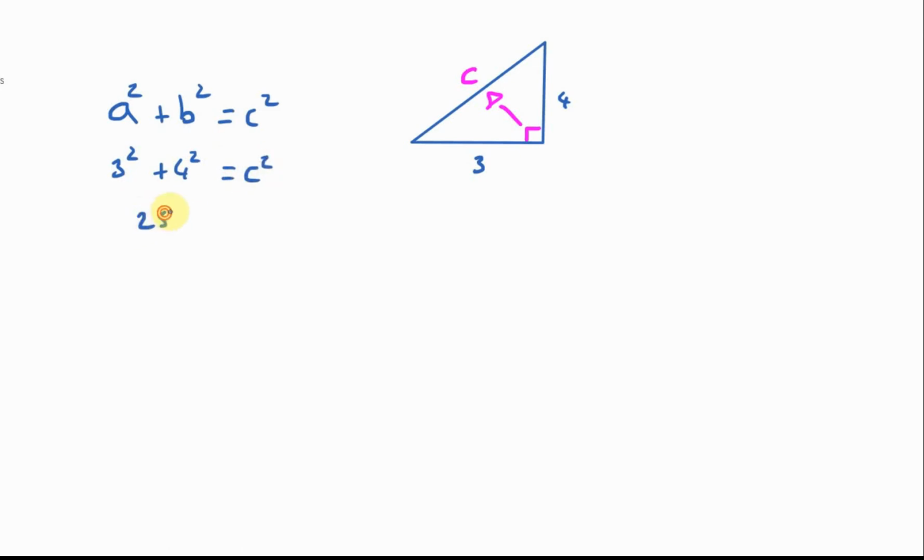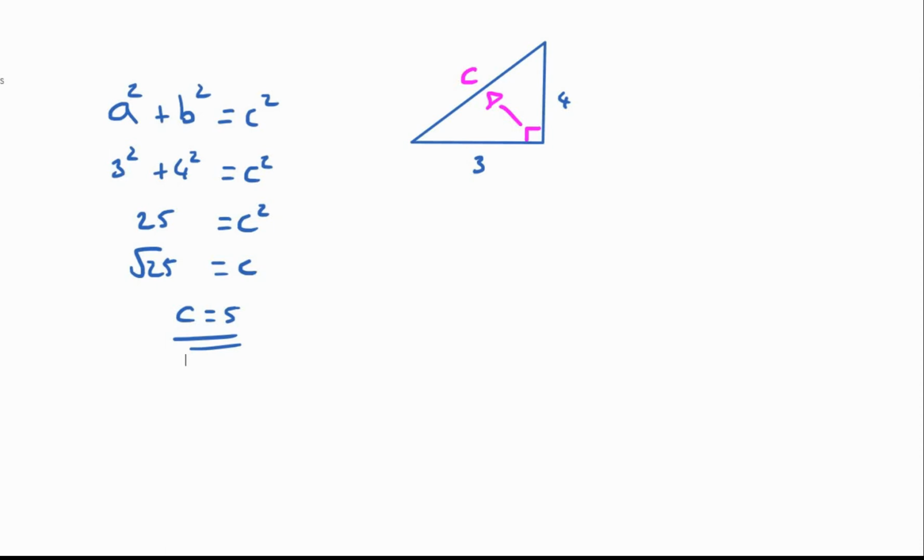So that's going to be 25 is equal to C squared. Therefore, the root of 25 is equal to C. At this point, what we've done is taken the square root of both sides, and therefore C is equal to 5, whatever your units are as well. So that's a Pythagoras add. You add the squares of the shorter sides when you know the shorter sides and you don't know the long side.